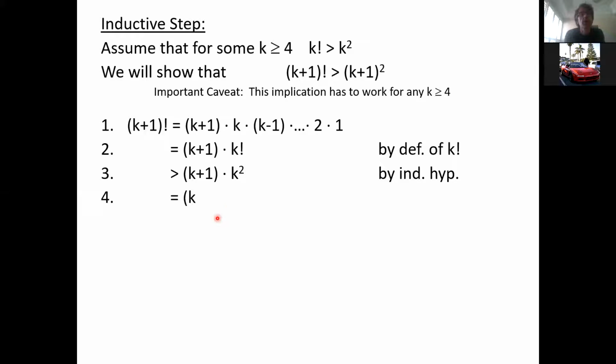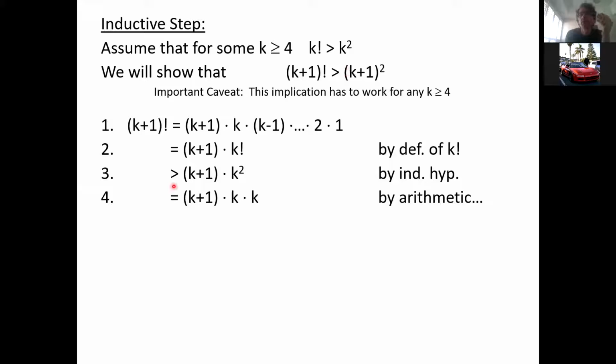Now the rest is arithmetics, okay? Because we already used this link between this thing and this thing. We already used the inductive hypothesis. So now we have this expression, and we should just, by arithmetics, somehow see, hopefully it is true, that this expression here is greater or equal to this one.